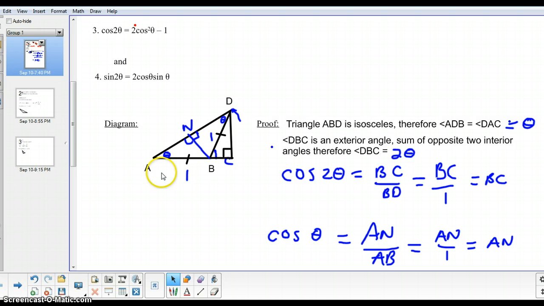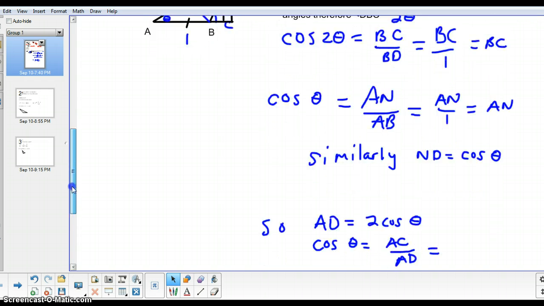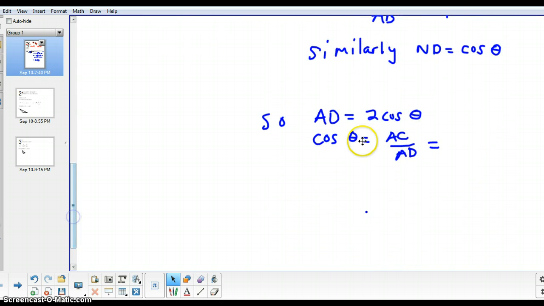Our AC is equal to AB plus BC, and we know that AB is 1. So let's start substituting some items in there. Let's first write it out, where we have AC is equal to AB plus BC.